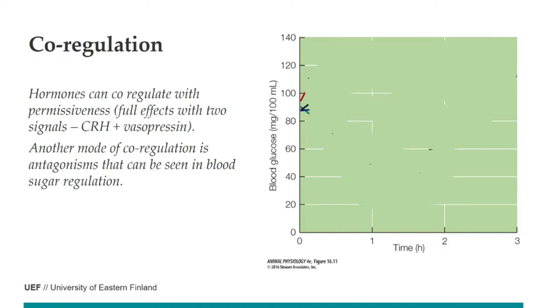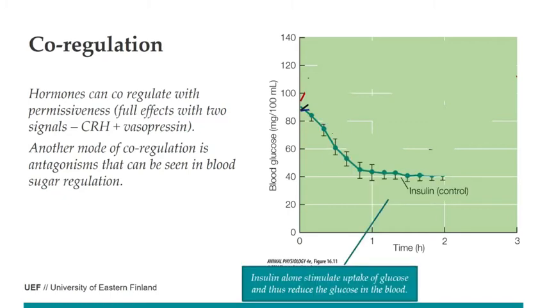And a good example of this is blood sugar regulation. So if you eat a cake, the blood sugar will rise, but that will cause beta cells in the pancreas to secrete insulin, and the blood sugar will go back to normal within 1 hour.